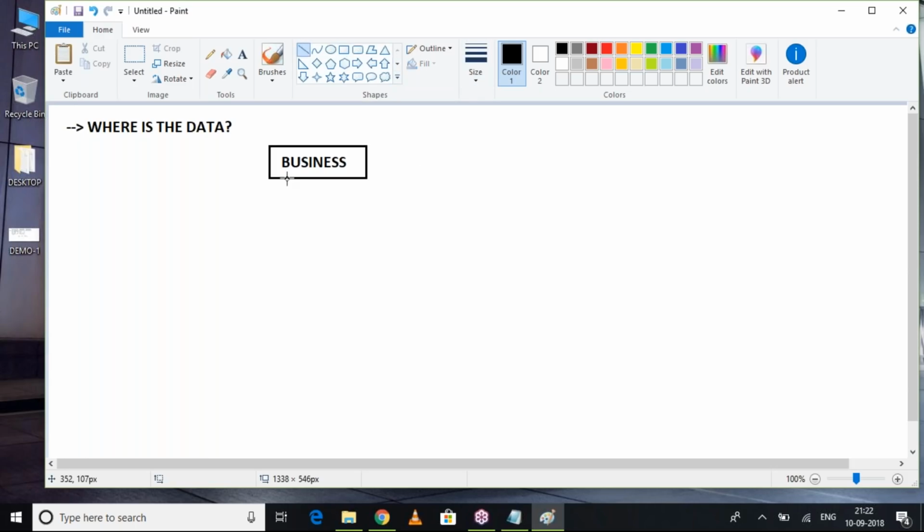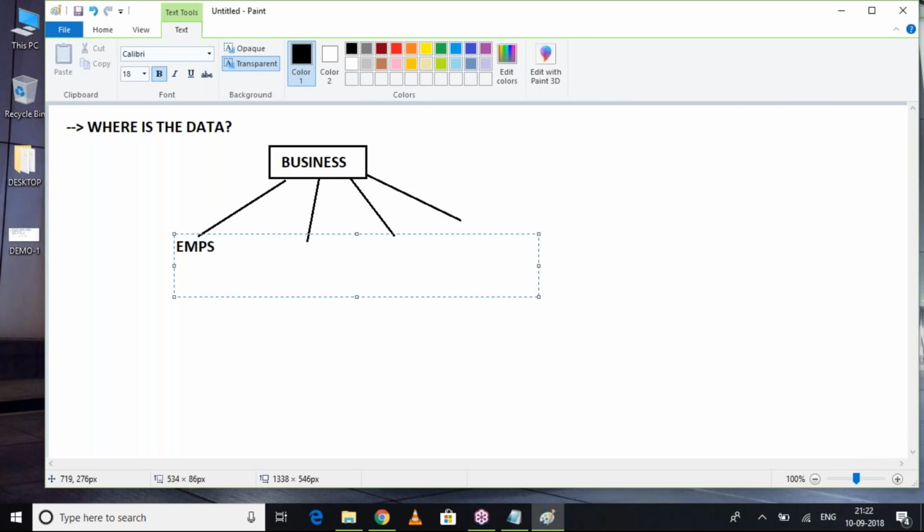So what are the objects in the business? See, if you want to start a business, you need some basic entities. If you want to start a business, you need manpower. Next, the employees, in the form of departments.